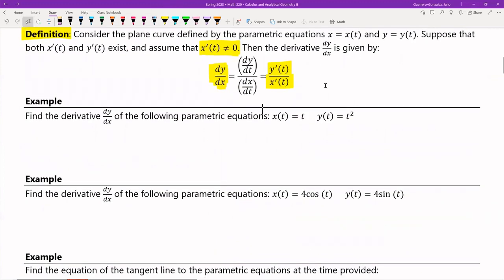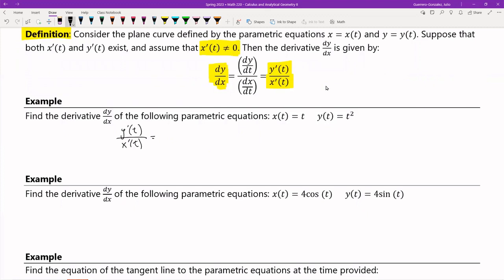Let's take the example from our previous lesson, the parabola. What should the derivative of the parabola be? It's y prime of t divided by x prime of t.